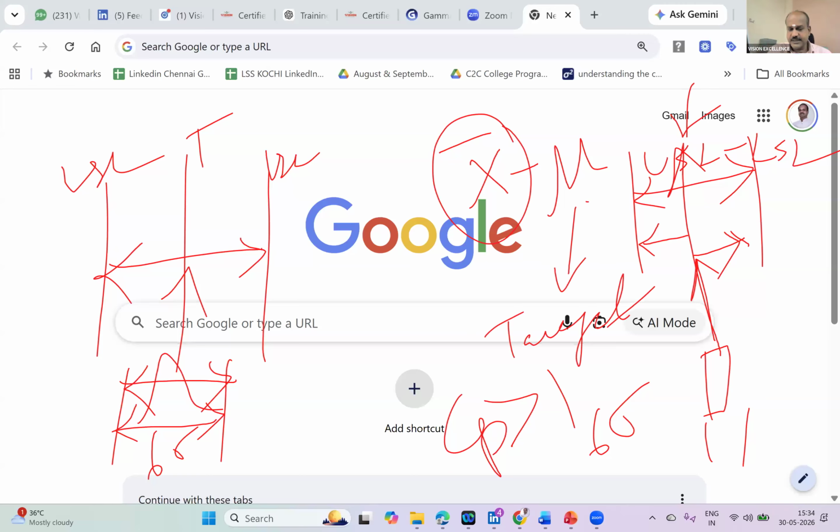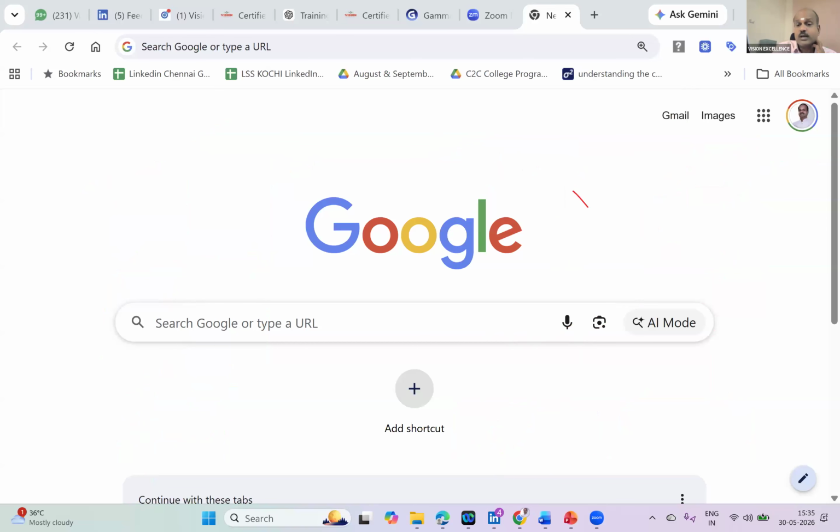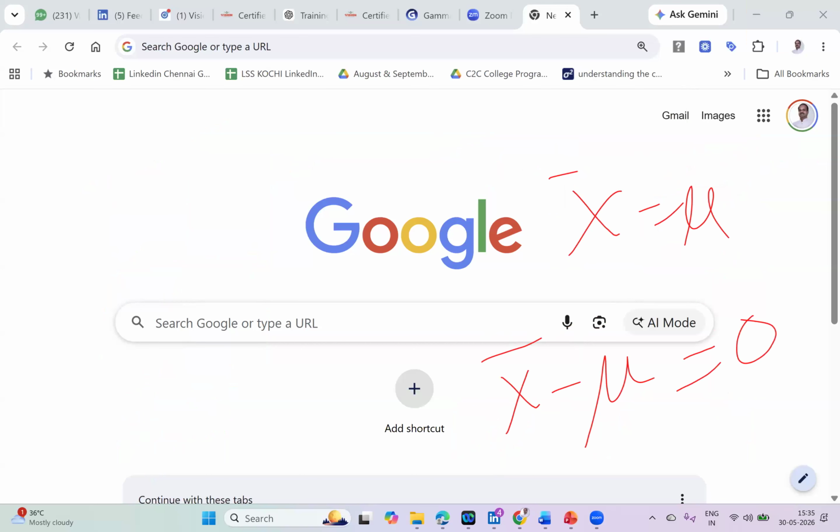If there is no difference between X bar and mu, then what will be the value of X bar minus mu? If X bar is equal to mu, tell me what will be X bar minus mu? Zero. The process is towards center. No shift is there.